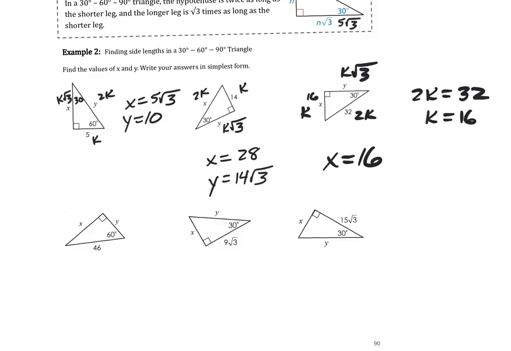K is just what I'm going to label every single triangle with. So if I know that K is 16, then what would be the length of this side right here? 16 square root of 3. So Y is going to be 16 square root 3. And that's our answer.